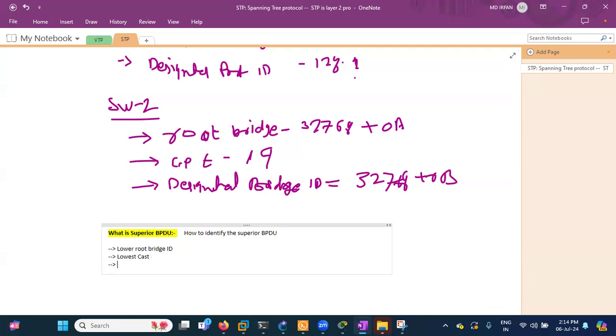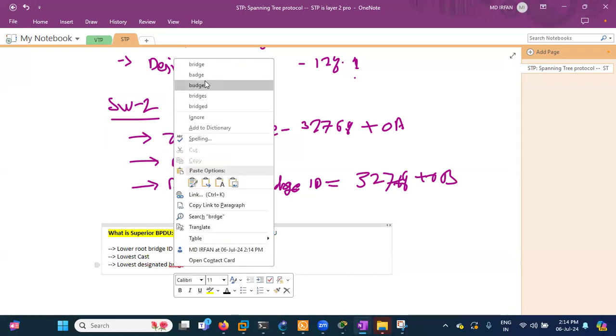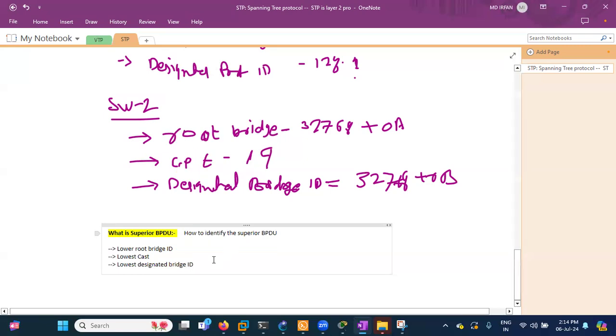Then third is the lowest designated bridge ID.